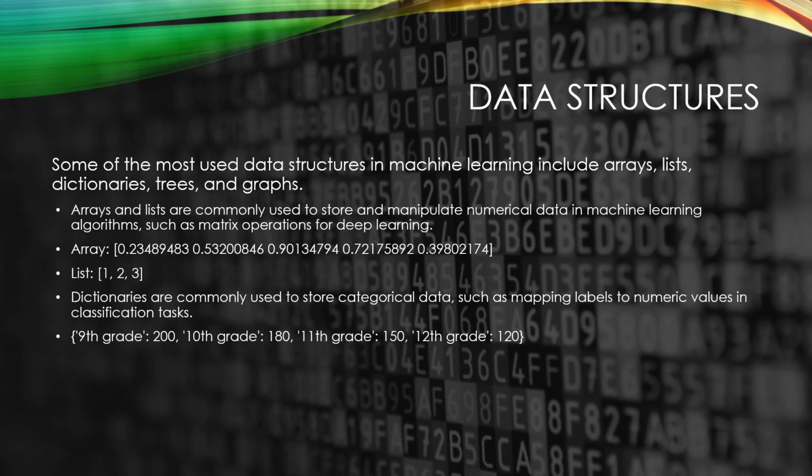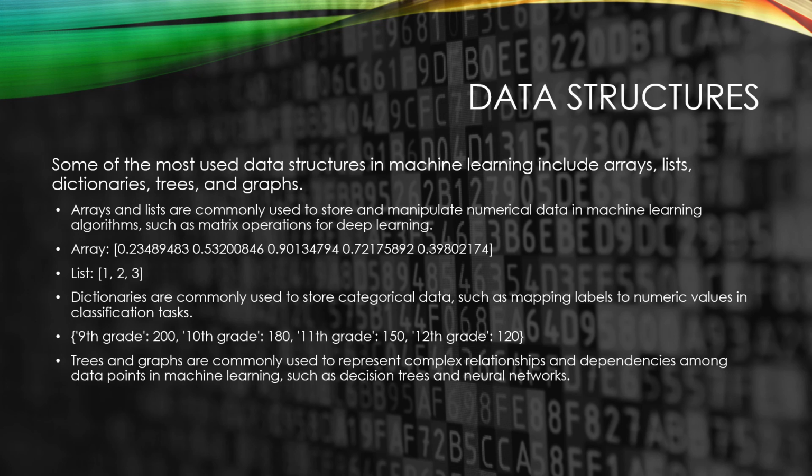And then in all of these categories, they each have a key value. So ninth grade has 200 and 10th grade has 180. So you can typically access these items' values by just querying for the actual category name. So 10th grade would return 180, that kind of thing.